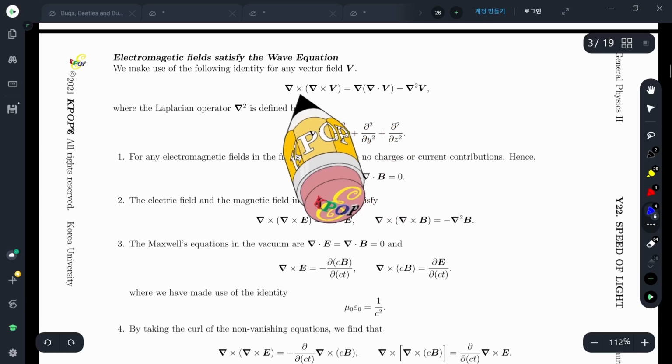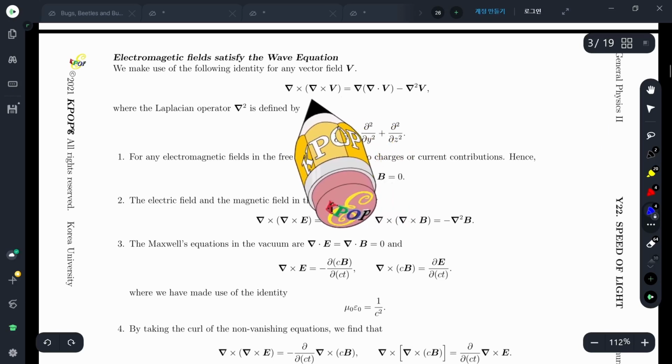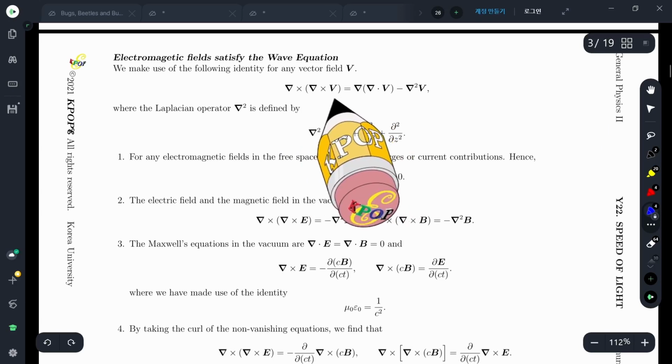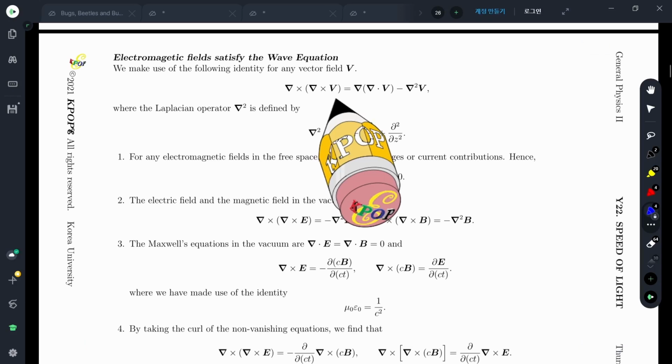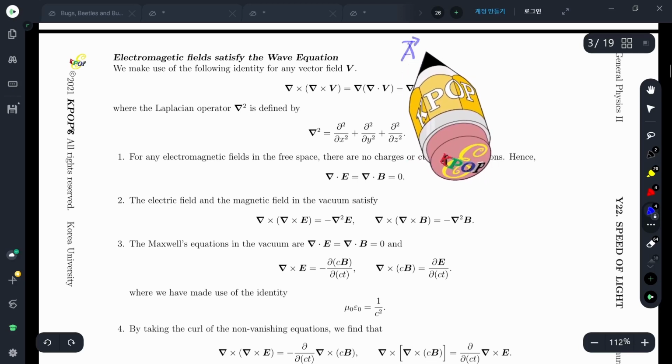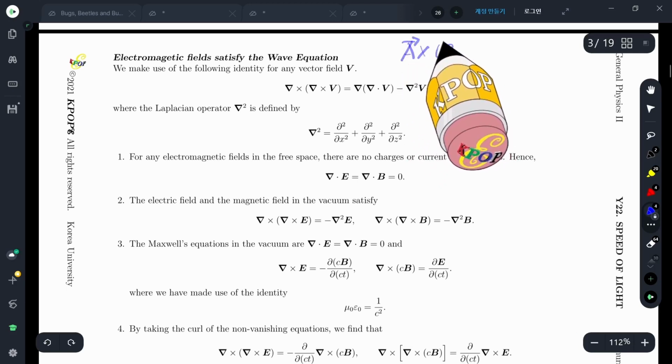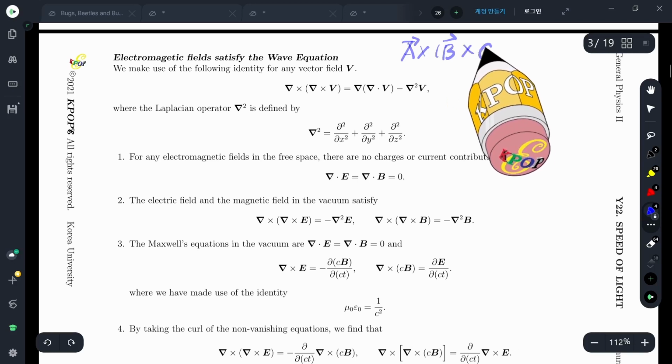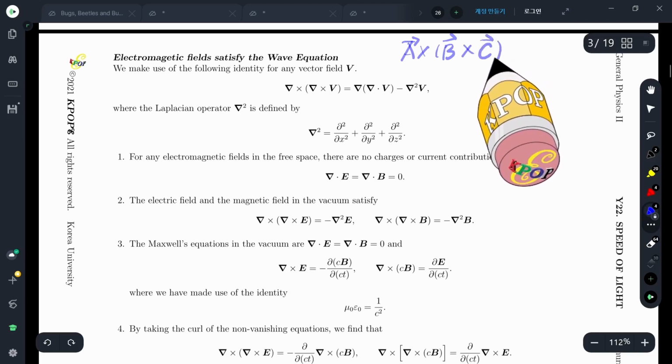Perhaps we need to compute this kind of form, this curl of curl. And we can make use of the BAC-CAB rule to find the double cross product, A cross B cross C. That can be simplified in terms of the BAC-CAB rule.